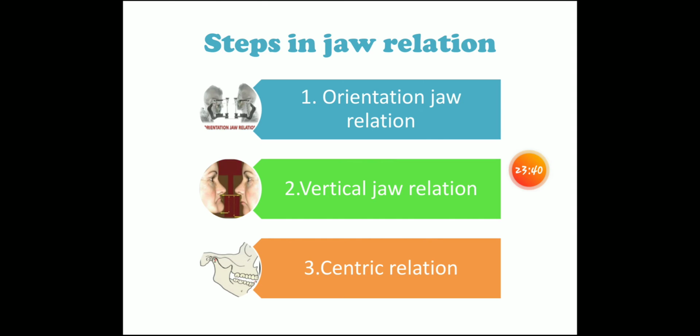If it is not established, then for every vertical dimension increase there will be a change in the centric relation. So that is why you are supposed to do a vertical jaw relation before the centric relation. So the sequence is orientation followed by vertical followed by centric. So this almost covers the entire MCQs in the jaw relation topic.